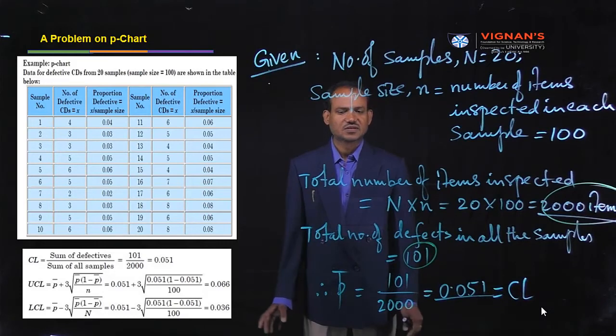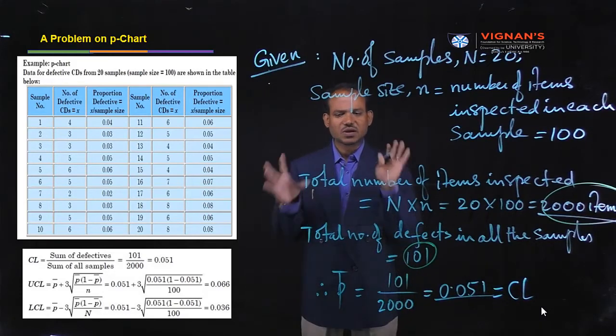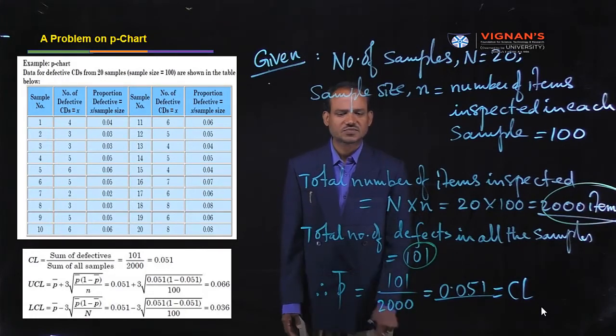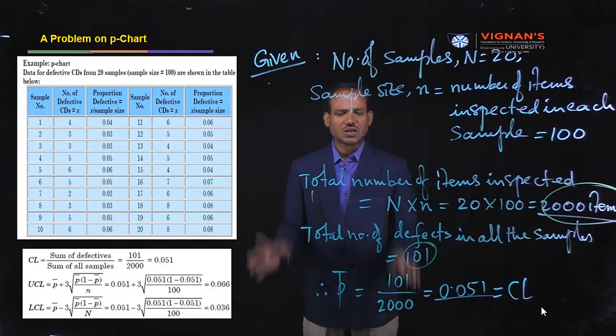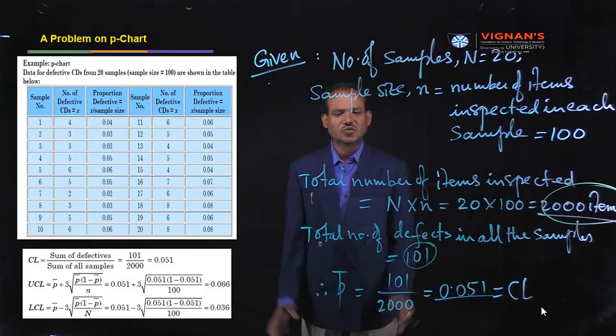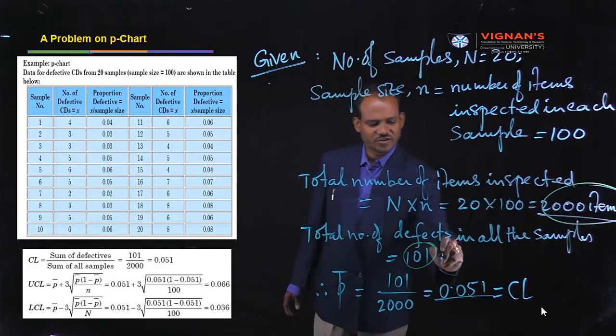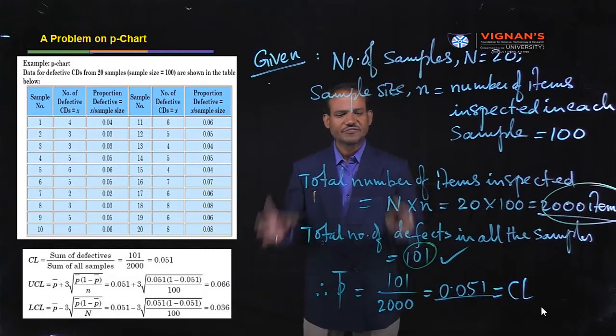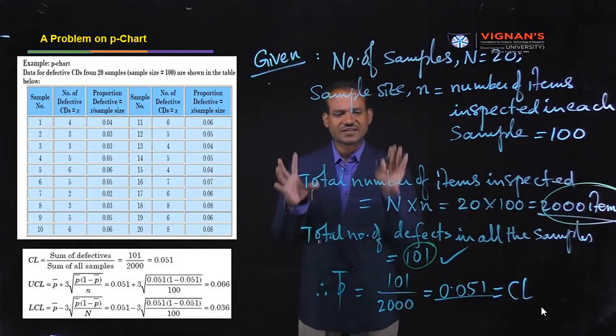Next, the second column indicates the number of defectives found in each sample. Some numbers are given. Okay, the total number of defectives found in all the samples is the summation of all the defectives, 101. Okay, that we have written here. First calculate P bar. P bar means fraction defectives. How much fraction of defectives are there?